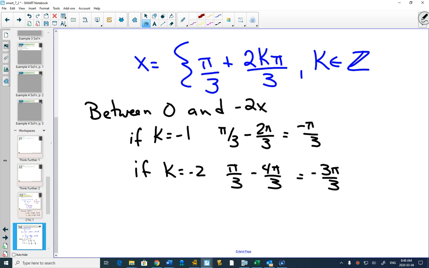Wow, that doesn't look like pi at all. There we go, make it fancy. Is that still in our domain? Then you do another one. If k is -3, then you would get pi over 3 minus 6 pi over 3.